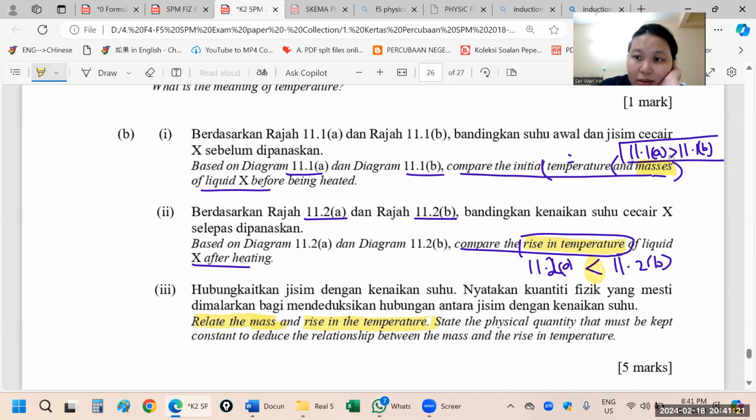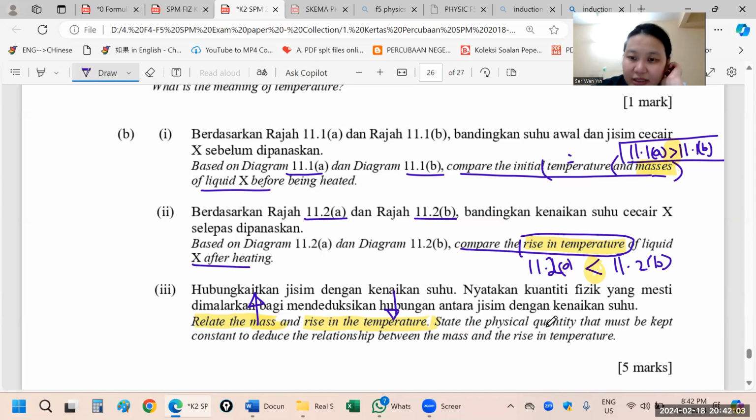So you can see when the direction of the sign is opposite, it is inversely proportional, meaning mass increases, rise of temperature decreases. So same thing lah. You cook less water, it heats up faster. You boil more water, it heats up slower.